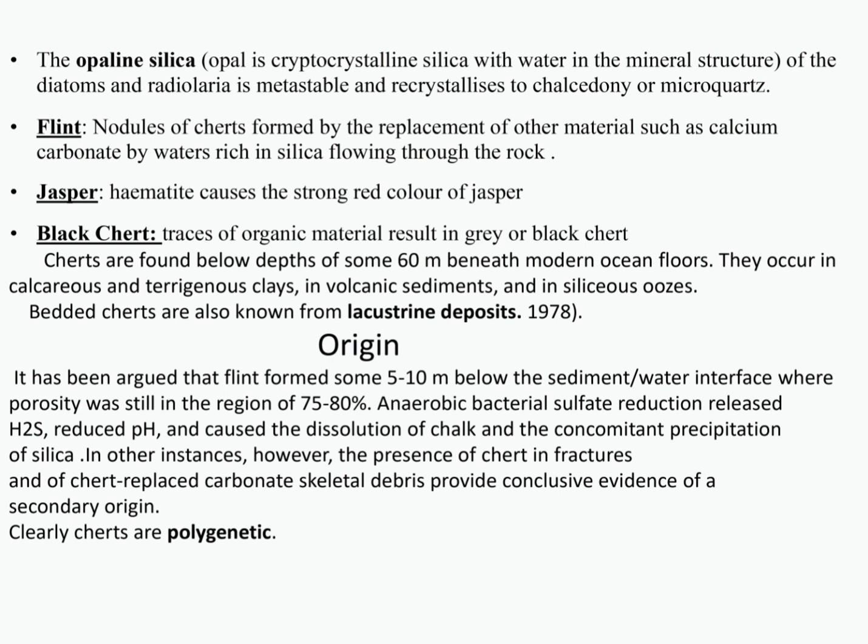Anaerobic bacterial sulfate reduction releases H2S. Anaerobic means an oxygen-deficient condition. The hydrogen sulfide reduces the pH and causes the dissolution of chalk and the concomitant precipitation of silica.